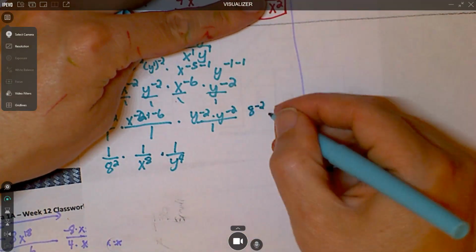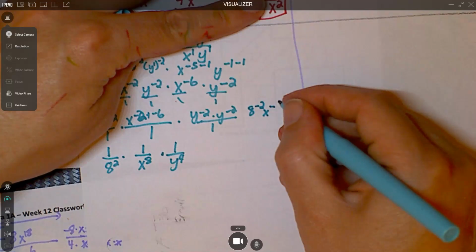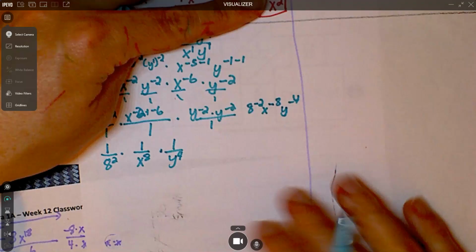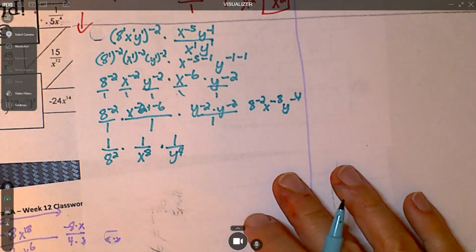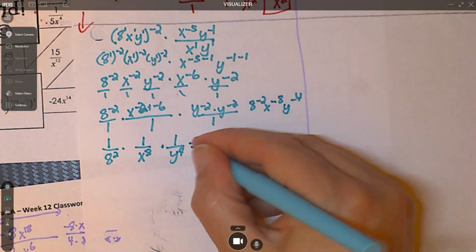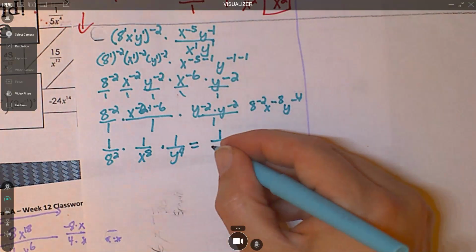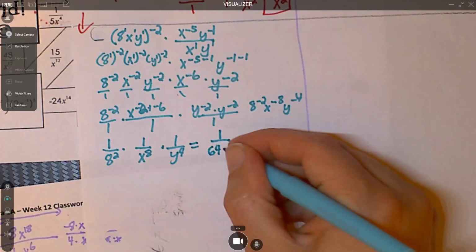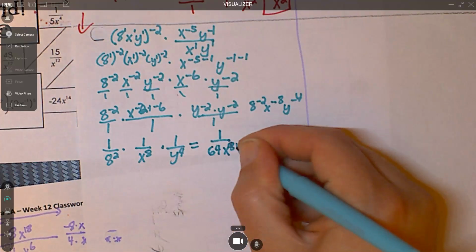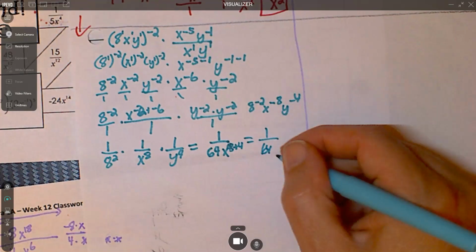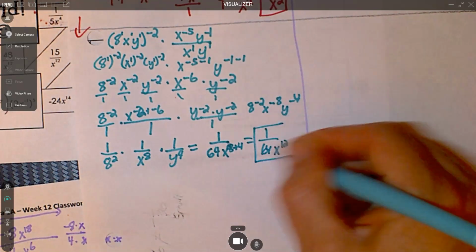I had 8 to the negative 2, x to the negative 8, y to the negative 4. That's why I moved them all down. So if I move them, the numerator, there's still a 1 up there. So if you eliminate everything from the top, 8 times 8 is 64, x to the 8 plus 4, 1 over 64, x to the 12.